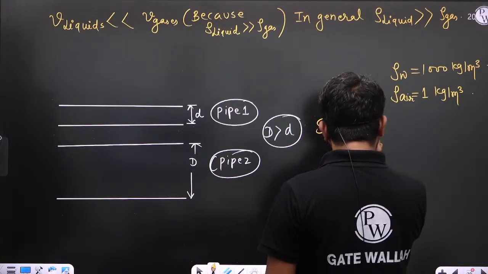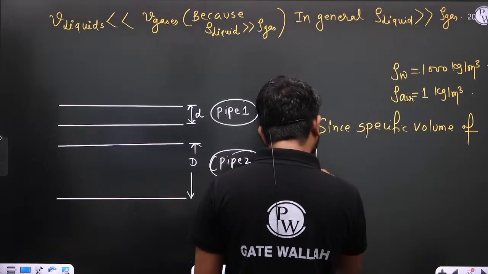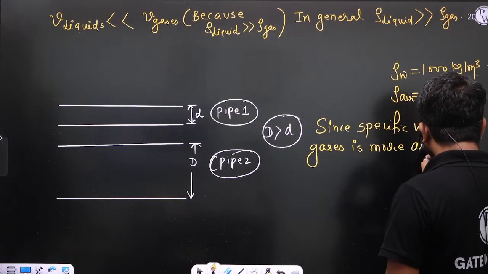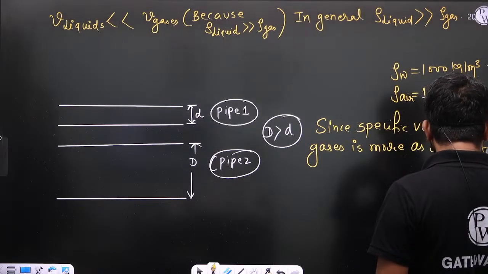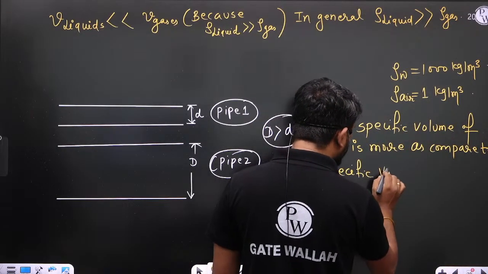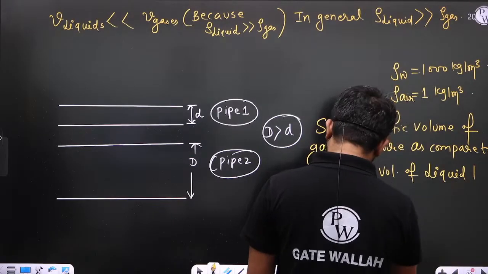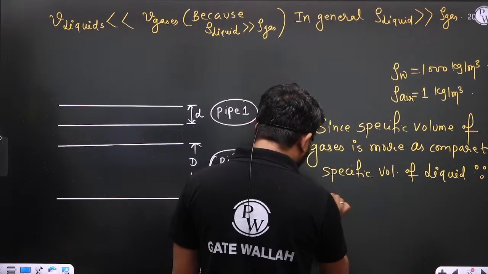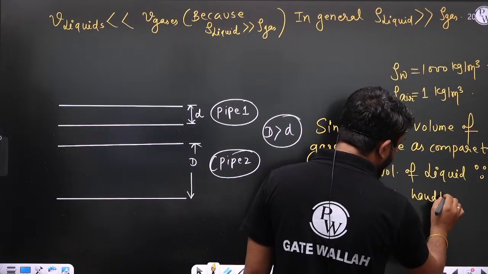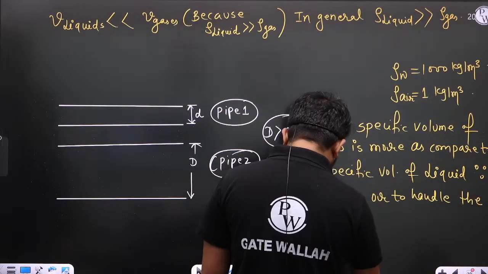Since the specific volume of gases is more as compared to the specific volume of liquids, therefore to carry or handle the gases, a large diameter pipe is required.